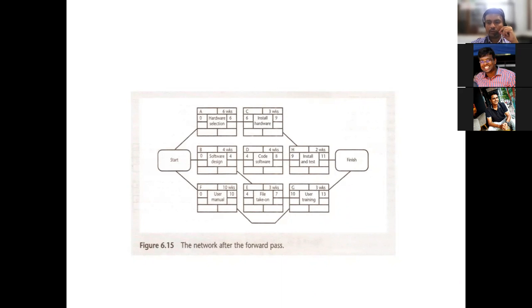It is a method of identifying the earliest start and completion. Yes, this is the mechanism for identifying the earliest date we can start a particular activity and the earliest date to finish it, with all the constraints.